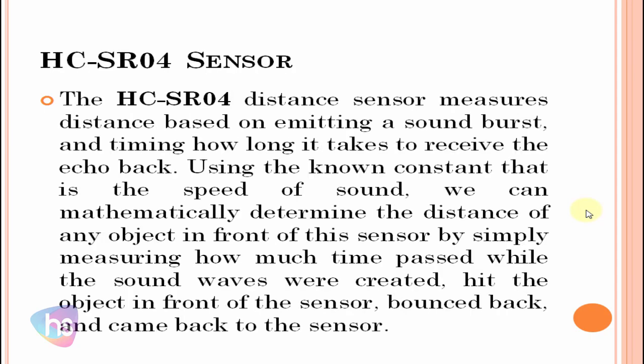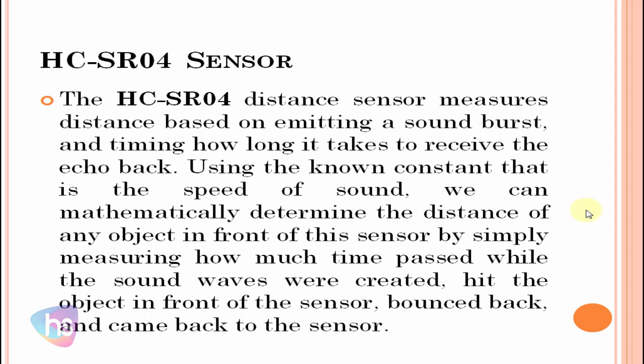About the HC-SR04 sensor: the distance sensor measures distance by emitting a sound burst and timing how long it takes to retrieve the echo back. Using the known constant, the speed of sound, we can mathematically determine the distance of the object in front of the sensor, even as it is moving around.